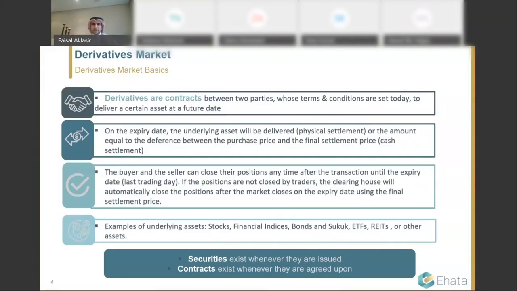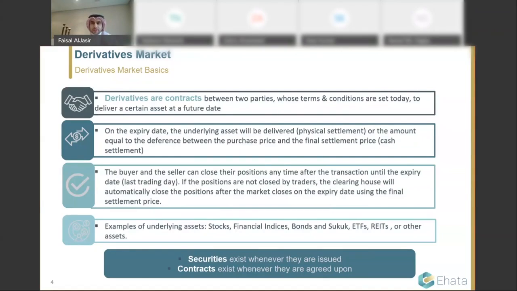On the expiry date, the underlying asset will either be delivered as a physical settlement where you will accept delivery of what is the underlying, or it will be more of a cash settlement, which is the price differential between the price that the underlying has been bought and the settlement price at maturity.